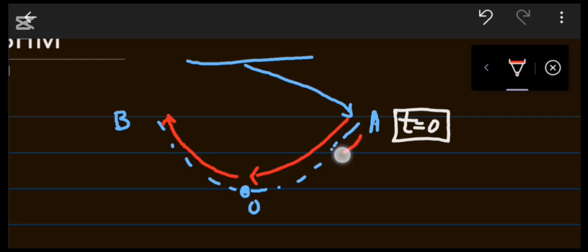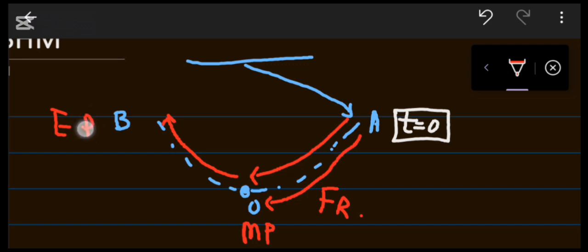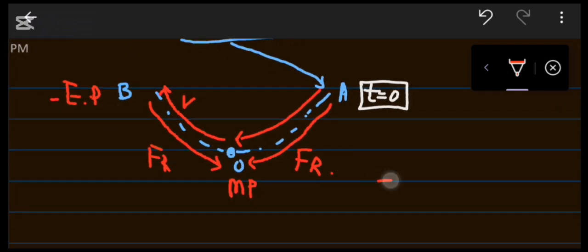In the O to B, from mean point to the negative extreme point, the direction of restoring force will be towards the mean point. Here you can see the velocity and restoring force are opposite, but this restoring force is directly proportional to acceleration.